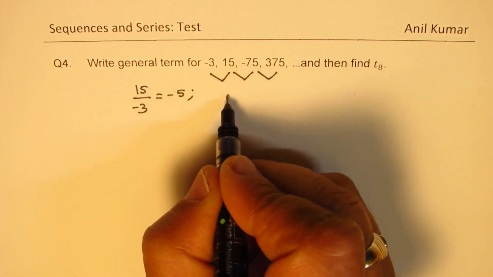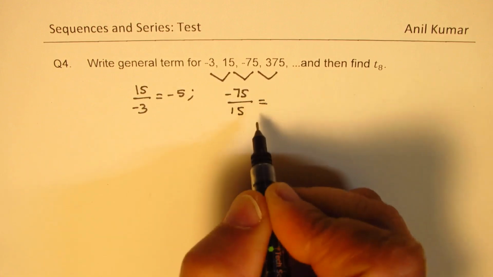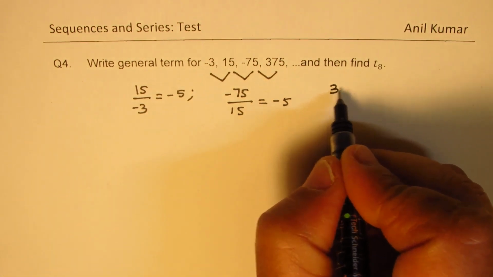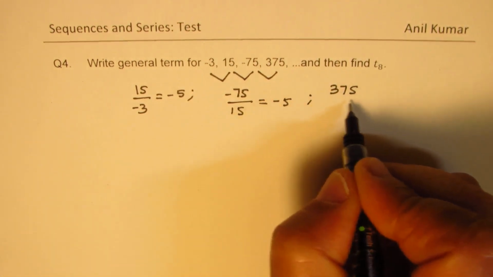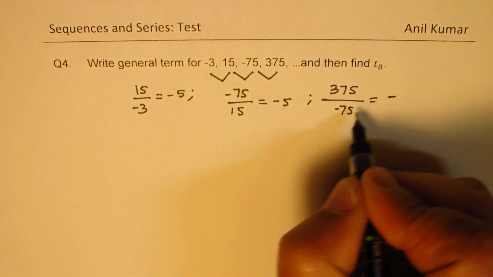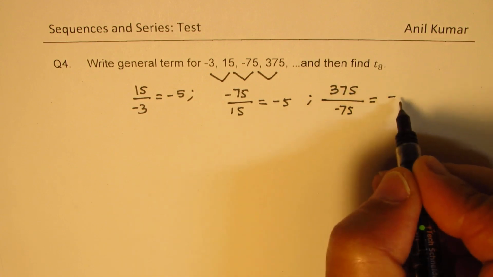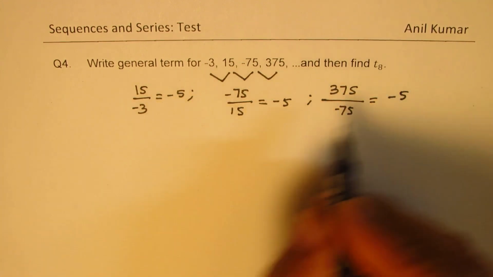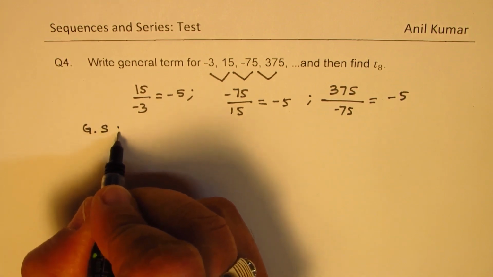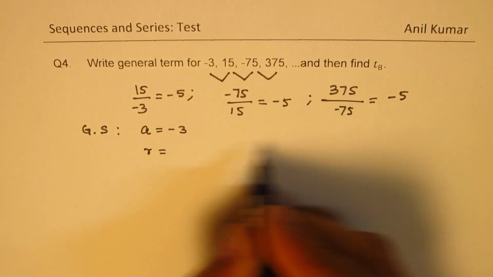The second ratio is minus 75 over 15, which is also minus 5. And the third ratio, 375 over minus 75, is also minus 5. It works, right? So we basically have a geometric sequence where a is minus 3 and r is equal to minus 5.